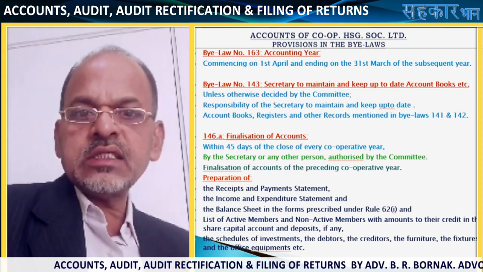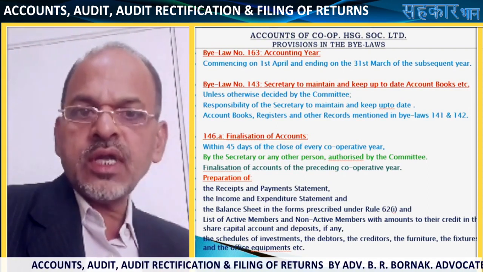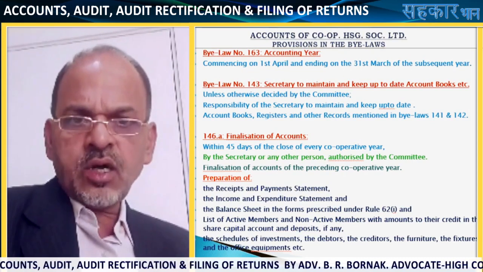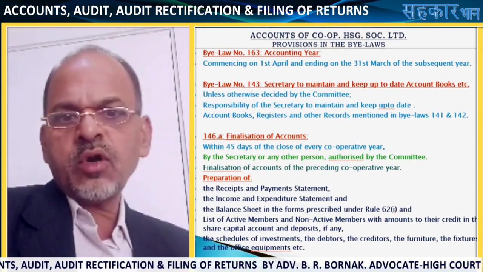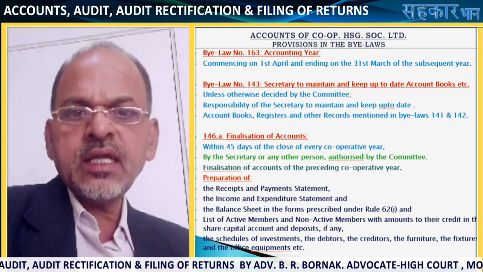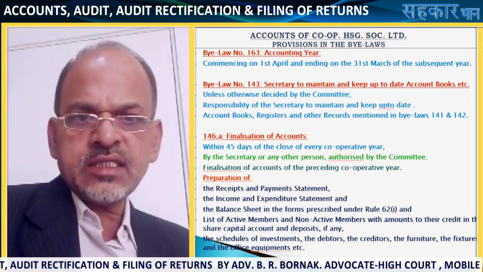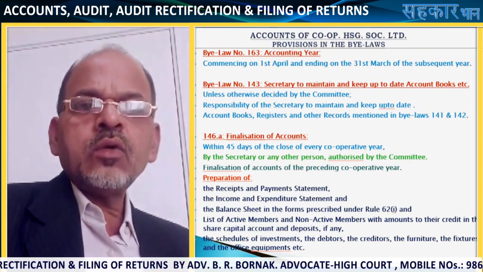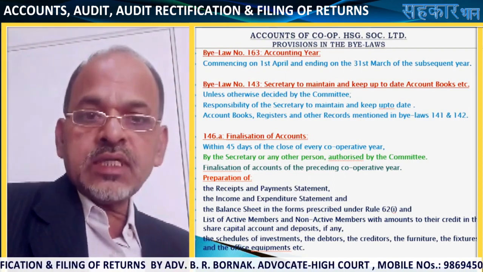The secretary of the society or other person authorized by the committee is responsible to prepare a list of active members and non-active members, and those whose names are in the list of non-active members must be intimated by notice that their status is of non-active member, because non-active members do not get the rights of active members.